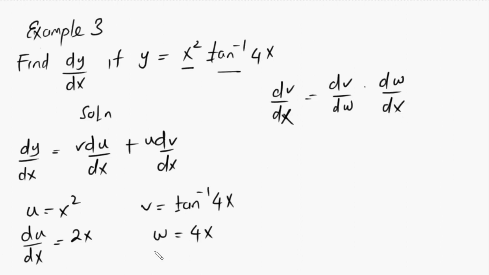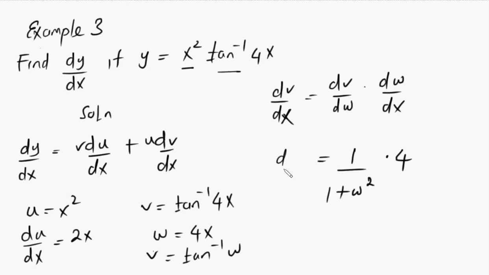You see? Here my v will just be equal to tan inverse of w. So now from hapa dw dx itakuwa ni 4 tu. Sawa? So dw dx ni 4 times hapa dv dw itakuwa ni 1 over 1 plus w squared.